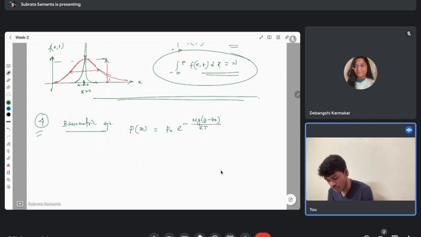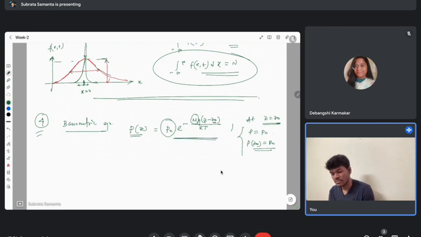Here M is the molar mass, and at z equals z0, the pressure P equals P0. That means P of z0 is P0.